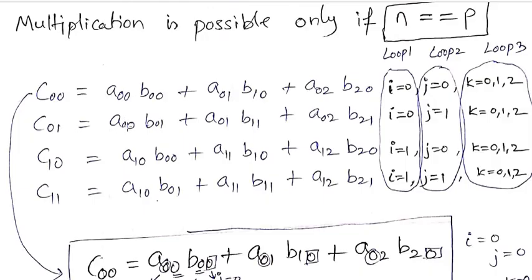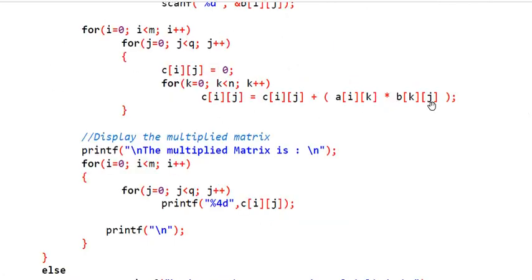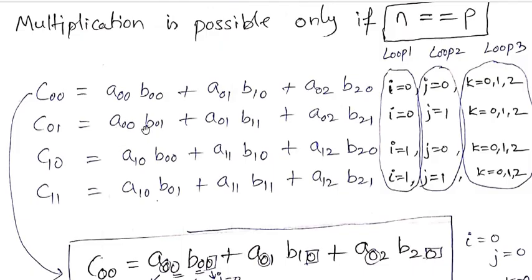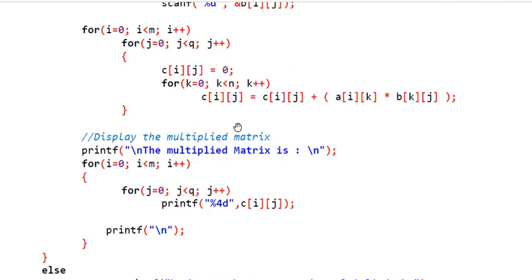Okay, sorry, I value would be 0 and j value would be 1 because it is already incremented. So C ij, that is C 0 1, is equal to C 0 1 plus A 0 0 into B 0 1. That is what we find here. Clear? That value is stored into C of 0 1.